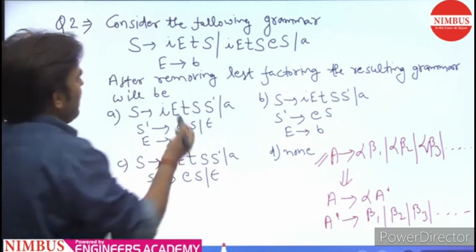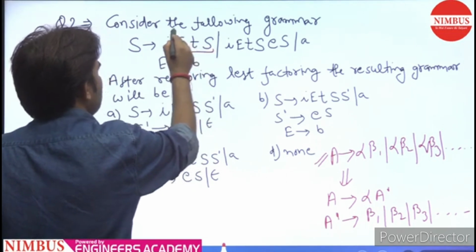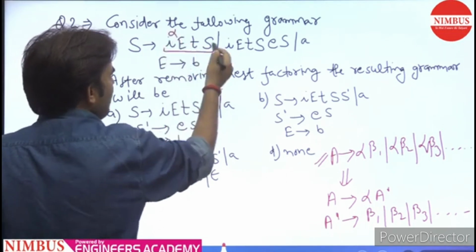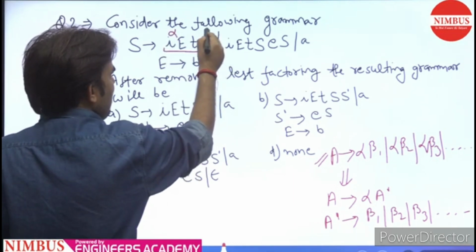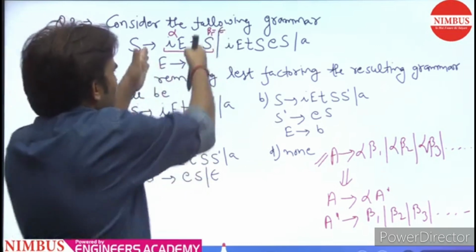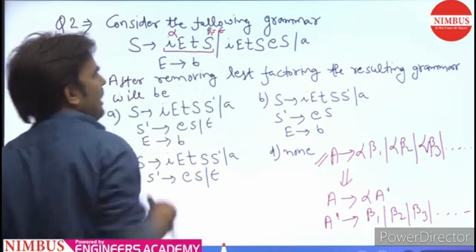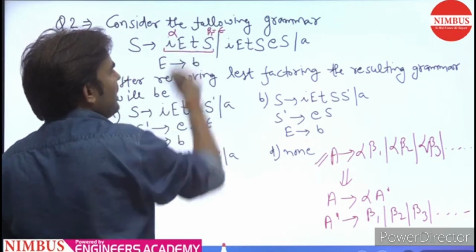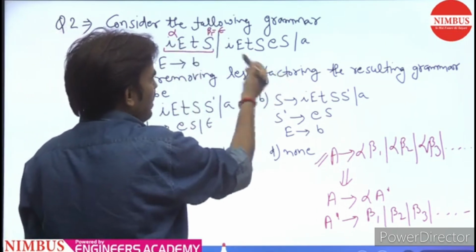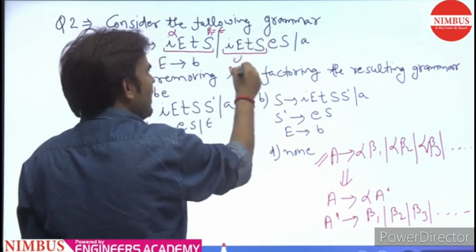So here you can clearly see this one is alpha, this one is alpha. And after that, beta 1 here is epsilon, meaning after that no other character or terminal is present. So beta 1 is epsilon, and this is alpha beta 1. Come to the second production, iEtS. This is alpha again.